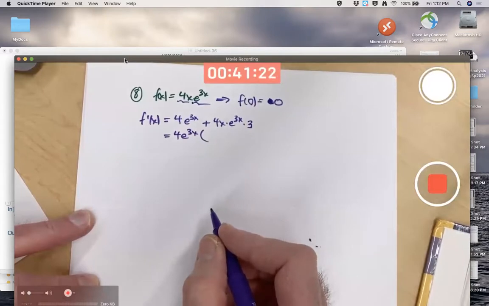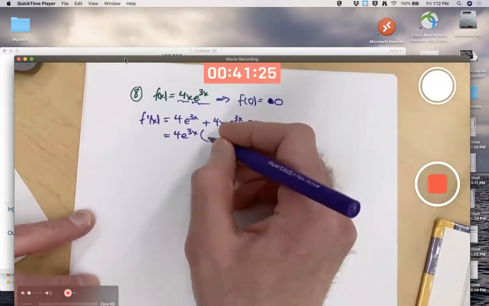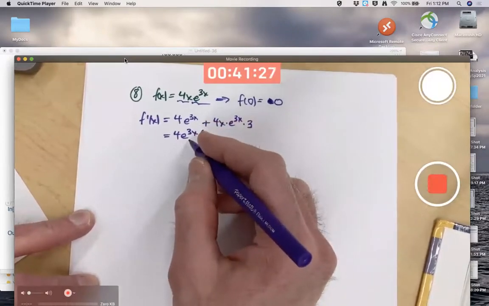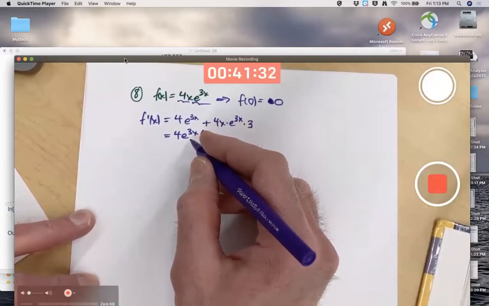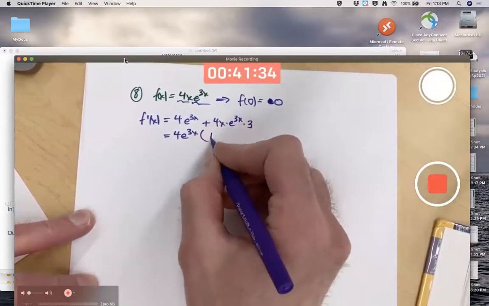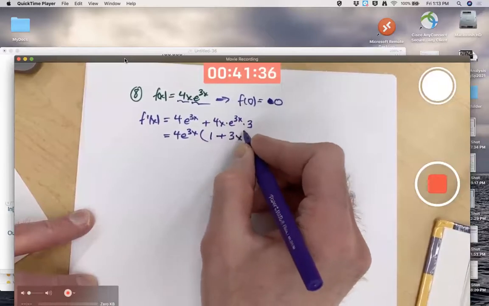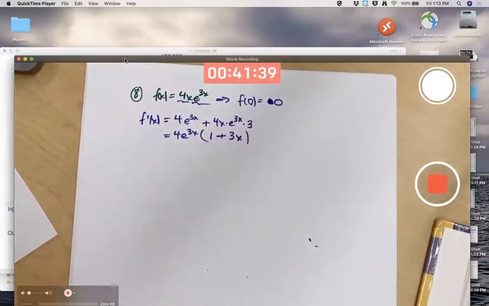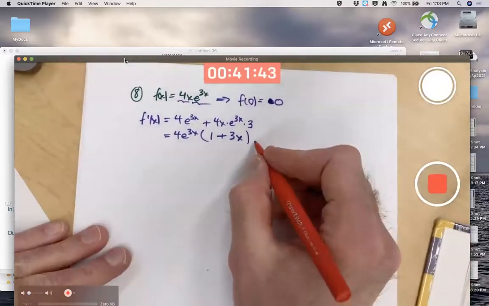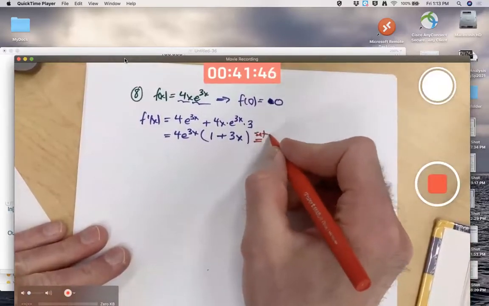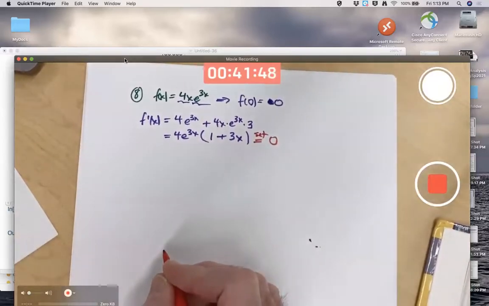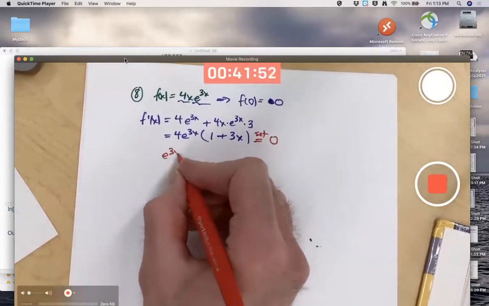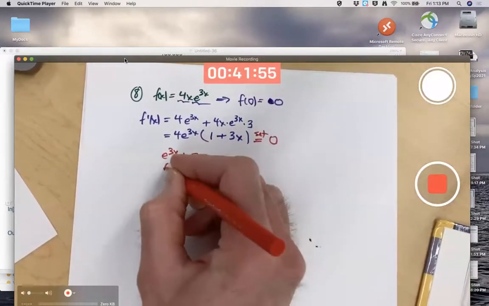And in fact, it's always positive. By the way, that would be true even if it was e to the negative 3x, it would still be positive. e to any real number power is positive. What's left over inside is this. Set that equal to 0 and solve for x. e to the 3x, again, is never 0 for all x.